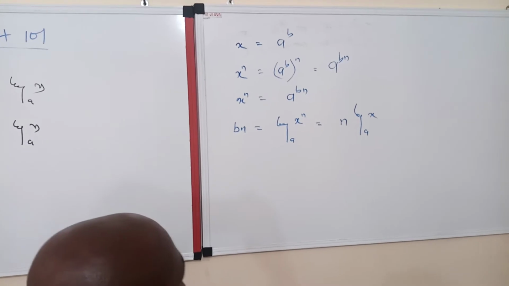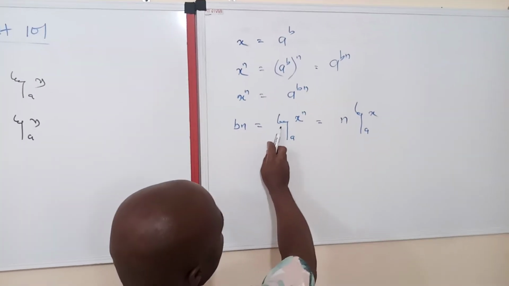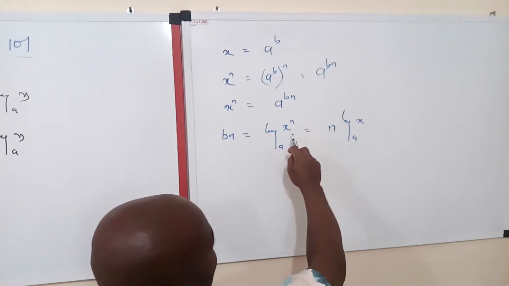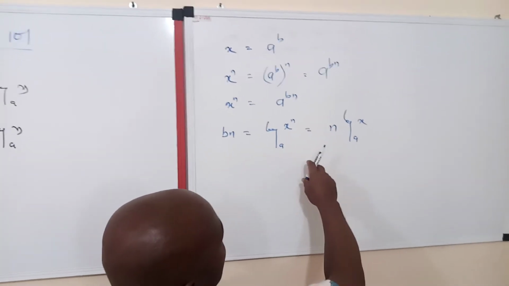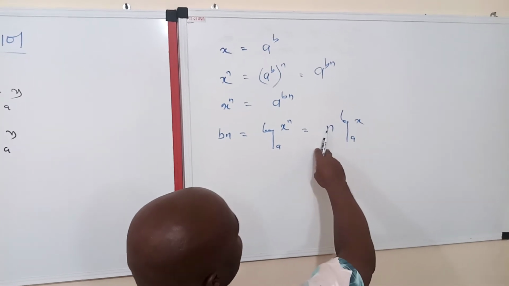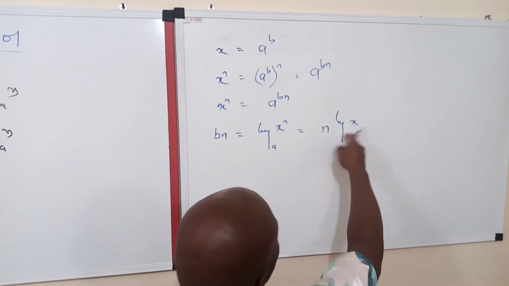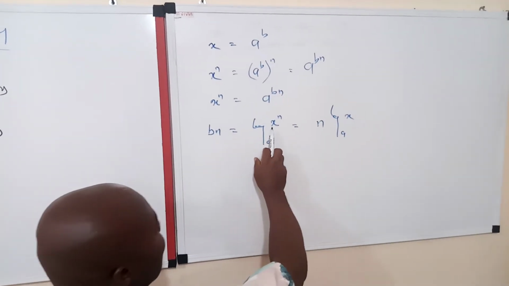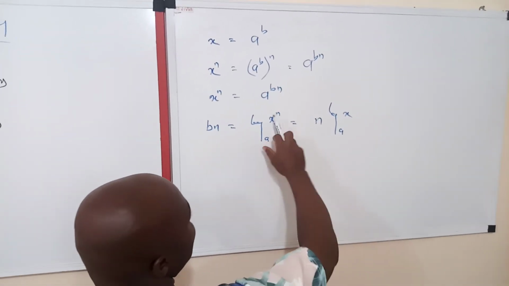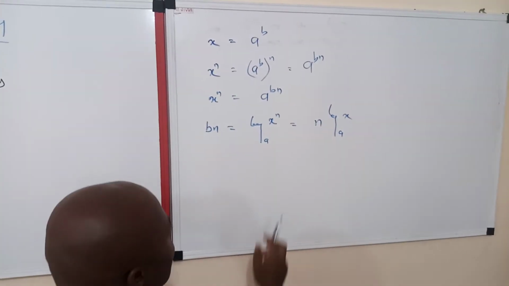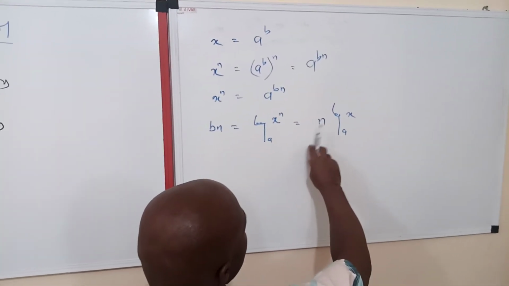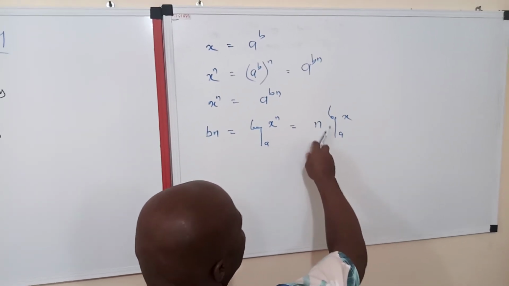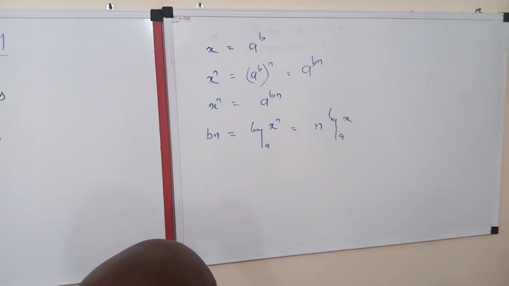So in a way, we are saying that if you have a log where the number is raised to a power, then we should write it in terms of that power, the product of that power and the log of the number. This is what we have.